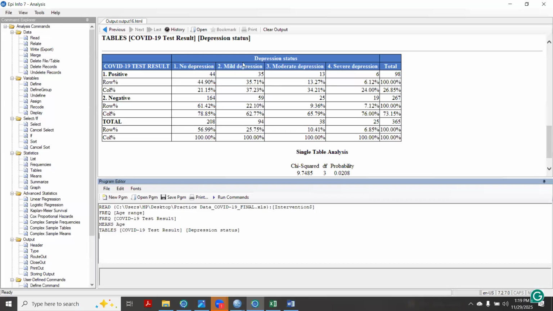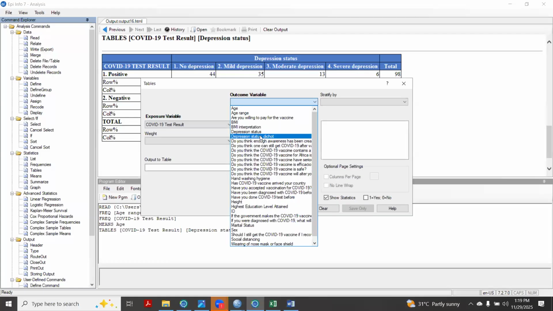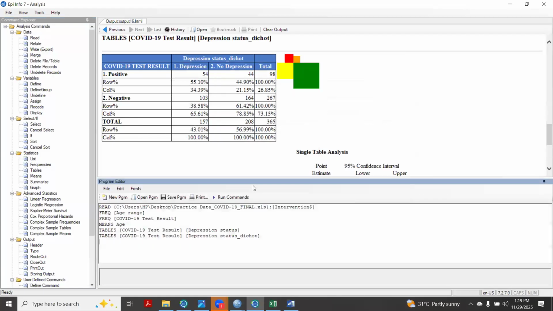Sorry, I'm supposed to use the dichotomous one, I used the wrong one. So I'll go back, choose my COVID-19 test result, then the dichotomous depression variable, the one that is split into two values. This is the right one. So our COVID-19 test result is positive and negative.